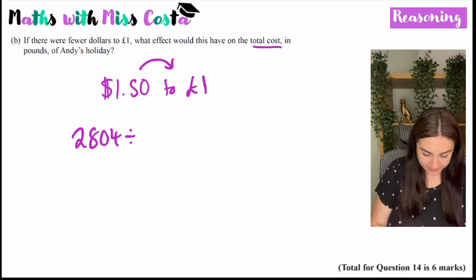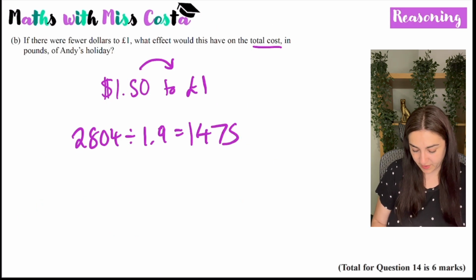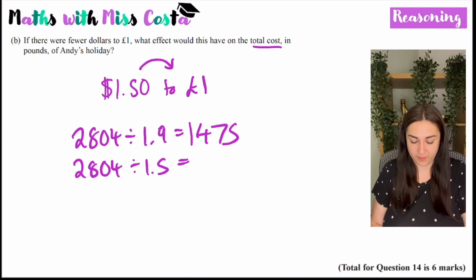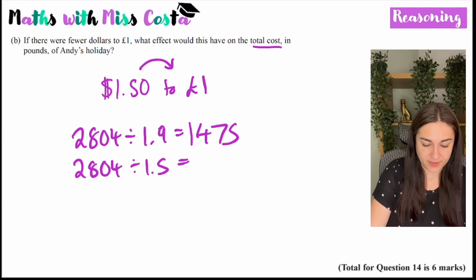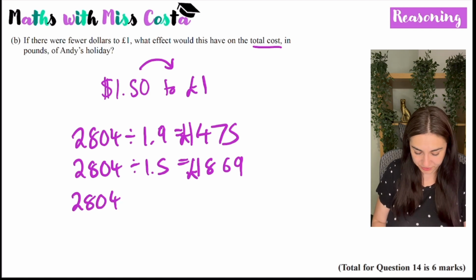So I divided it by 1.9 to get 1,475. But if instead I were to divide it by 1.5, let's just see what impact it would have. So 2,804 divided by 1.5 leaves me with £1,869.